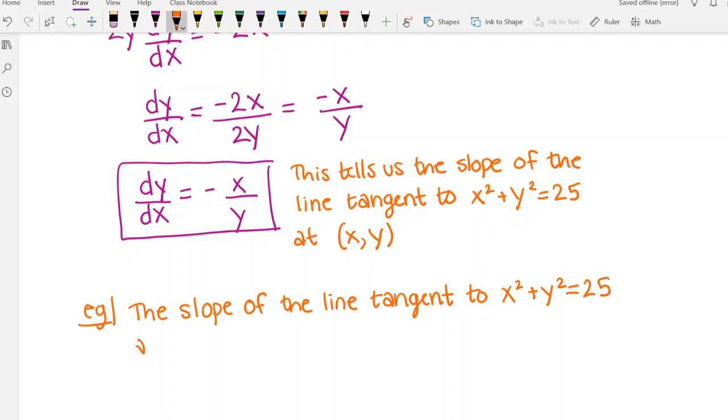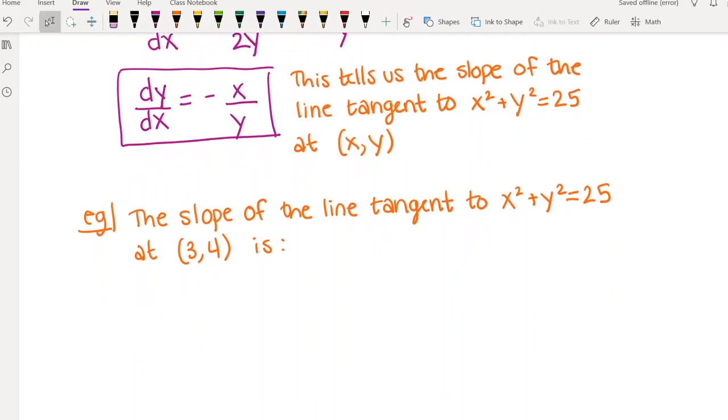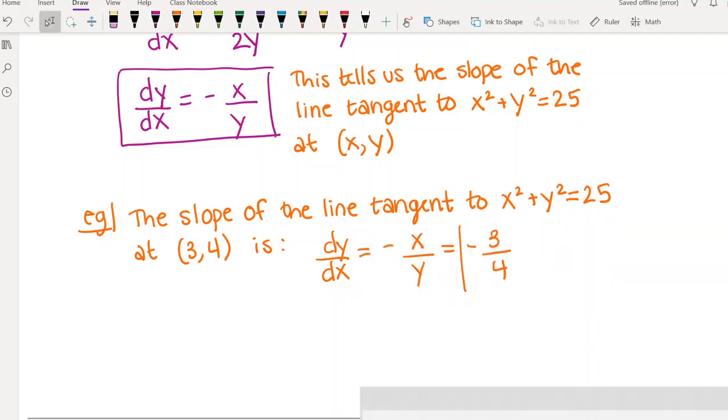Let's say we wanted to find the slope at the point 3, 4. So how would we find that? We know dy dx is equal to negative x over y. So we would plug in 3 for x and 4 for y, and we would get negative 3/4.